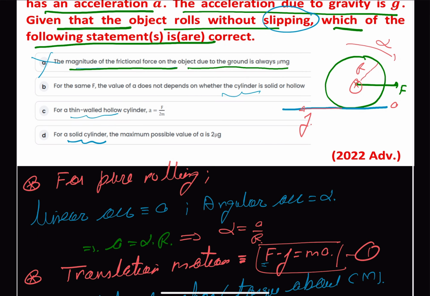Option B states that for the same F, the value of A does not depend on whether the cylinder is solid or hollow.